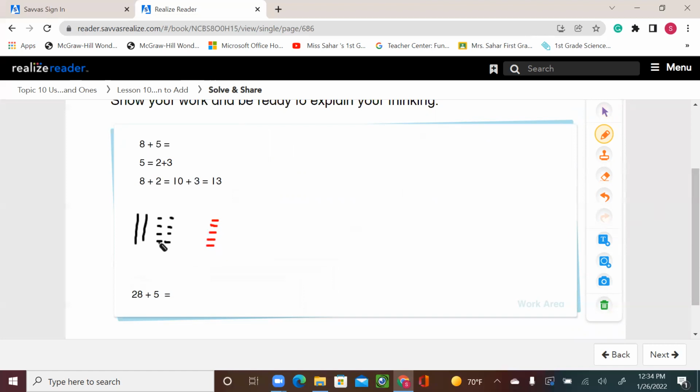So I know I have 8. How many numbers do I need to add to the 8 to make it 10? 2. So I'm going to take 2 ones from here and add them.